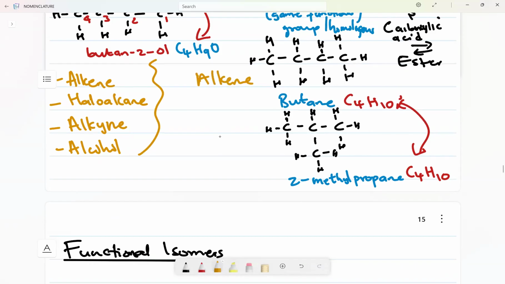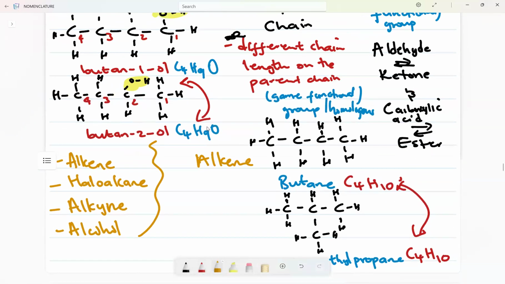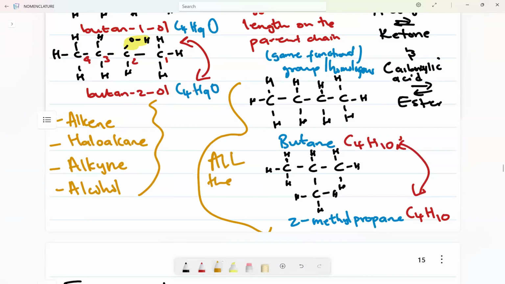Alkene only. I think it's alkene only. Oh, no, alkene, alcohol, haloalkane, all of them, basically. This one applies to all the organic compounds.